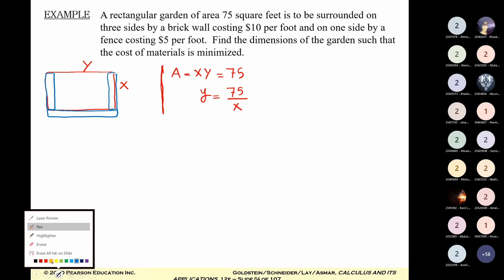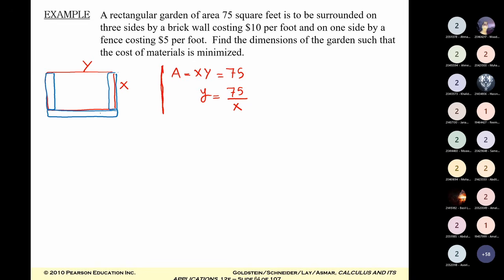This is the brick wall, costing 10 per foot. So the first one costs 10x, the second 10x also, the third 10y.